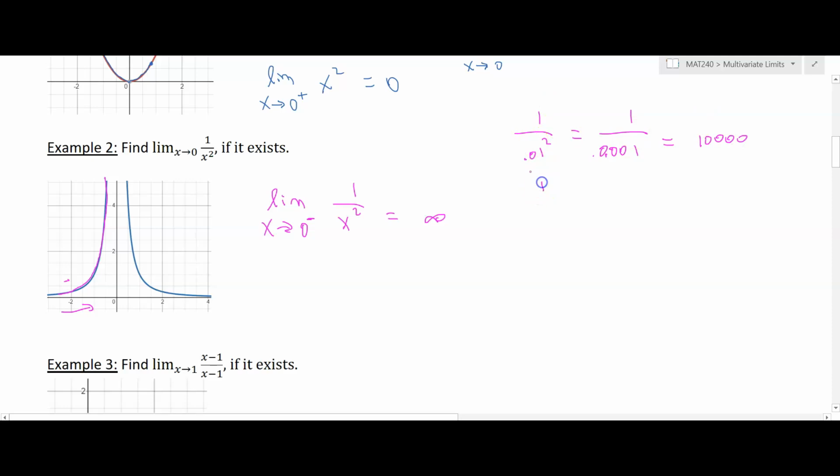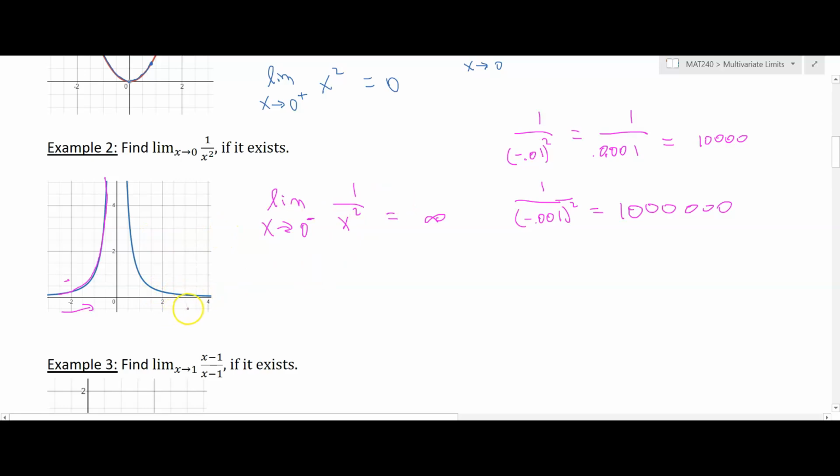And if I even make that smaller, let's make that negative, 1 divided by negative 0.001 squared. So notice I'm getting closer and closer to 0. That's going to come out to 1 million. So you can see that there seems to be no limiting value. We can just see that by the outputs. The outputs are just getting larger and larger as our x value gets smaller and smaller.